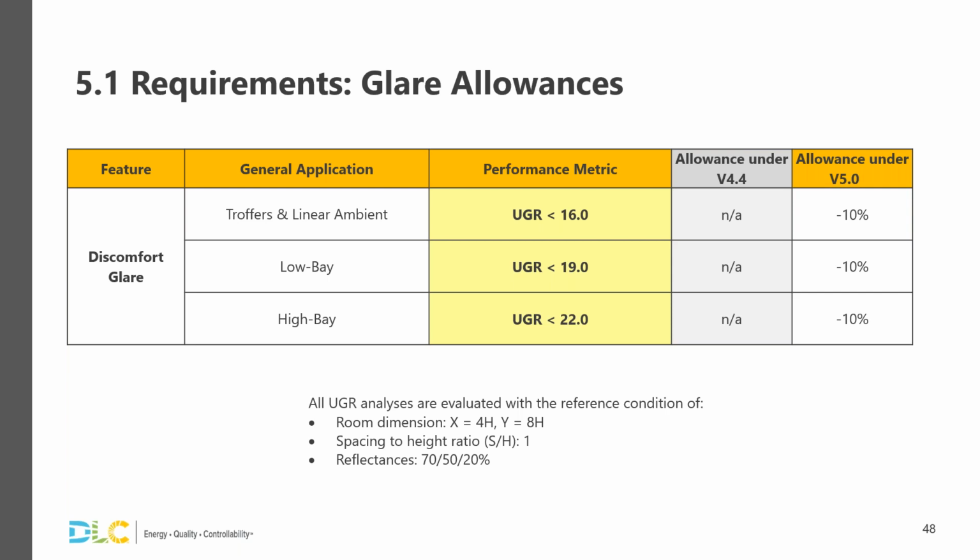So if any of these general applications achieve the UGR thresholds, which are more strict than the premium requirements, they are eligible to lower the minimum efficacy by 10%. And the evaluation criteria for UGR for allowances is the same as for premium, and they're noted in those few bullets at the bottom of the screen here.